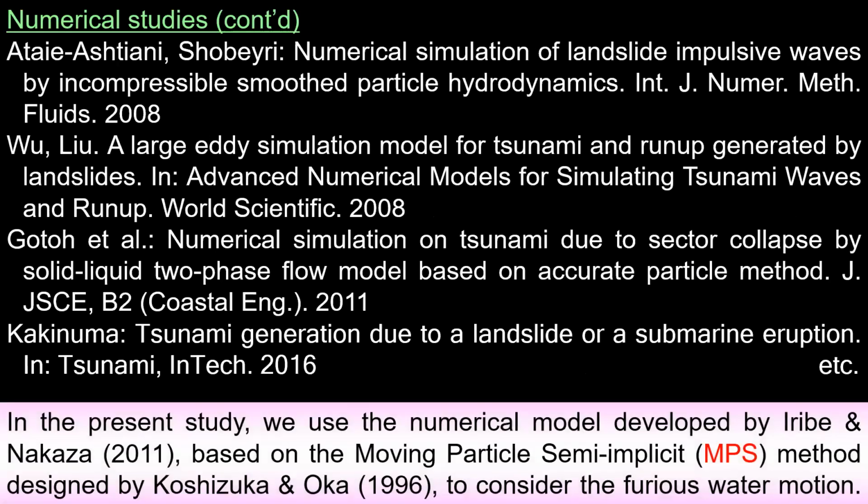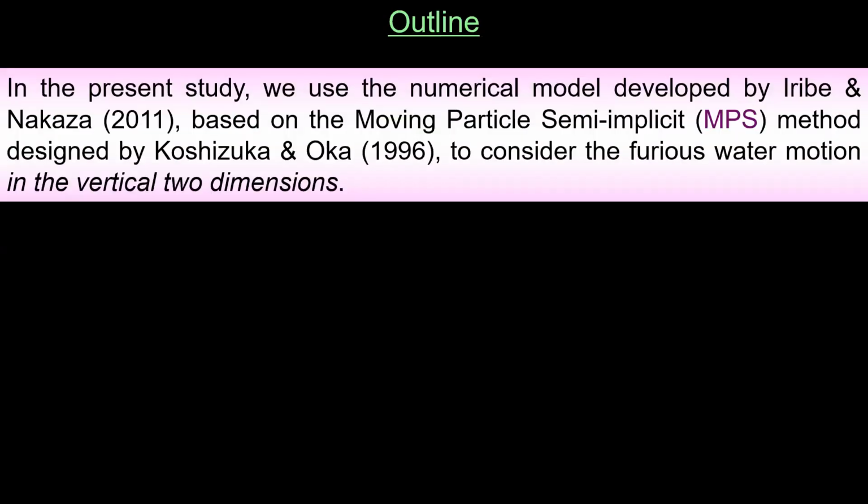In the present study, we use the numerical model developed by Iribe and Nakaza, 2011, based on the moving particle semi-implicit MPS method designed by Koshizuka and Oka, 1996, to consider furious wave water motion in the vertical 2 dimensions.